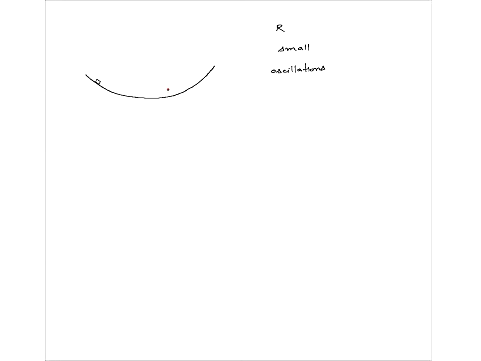So first of all, we would need to check if this is SHM or not. Obviously, angular SHM or not. If we know it is angular SHM, then it is very easy to find time period. So let us draw a vertical.